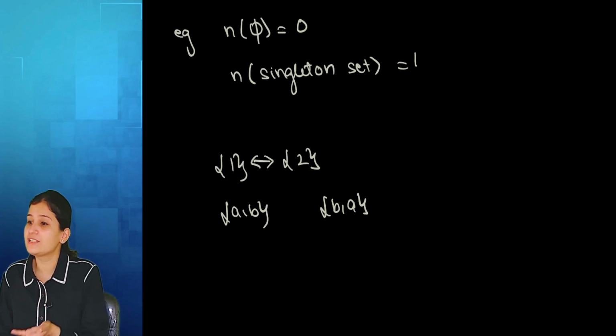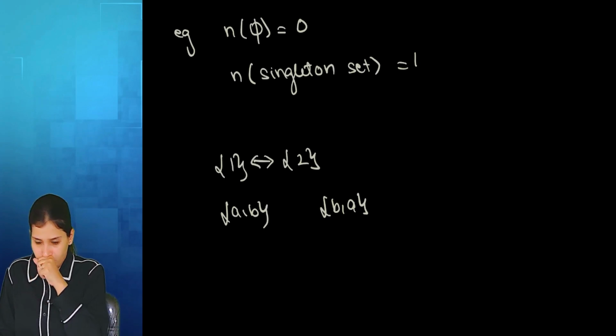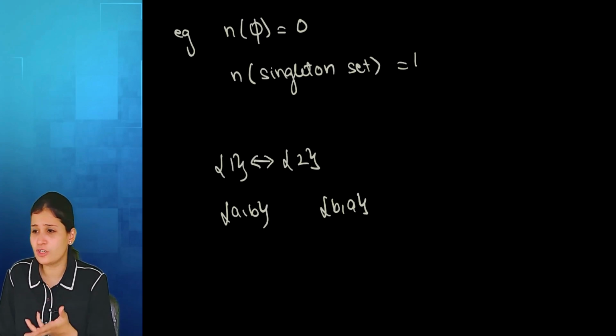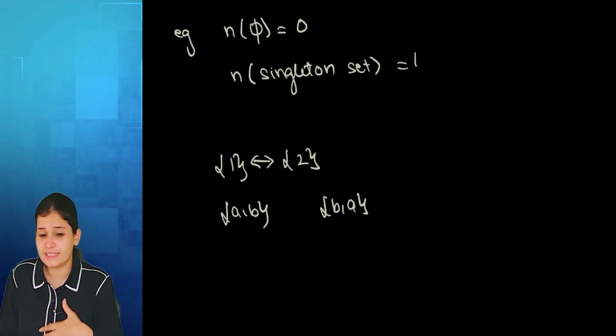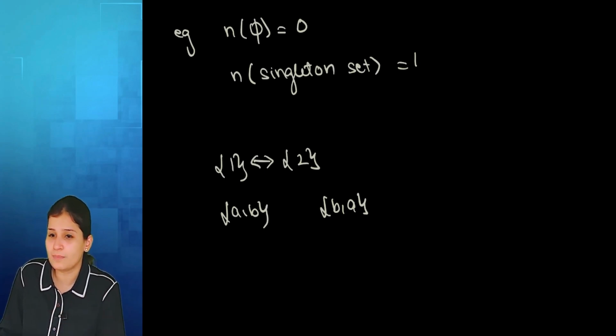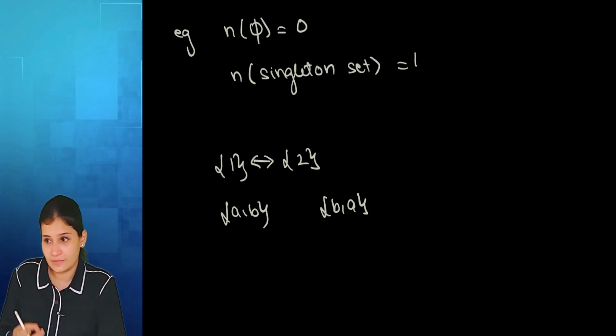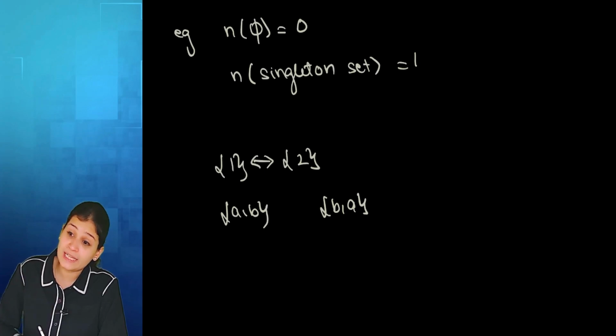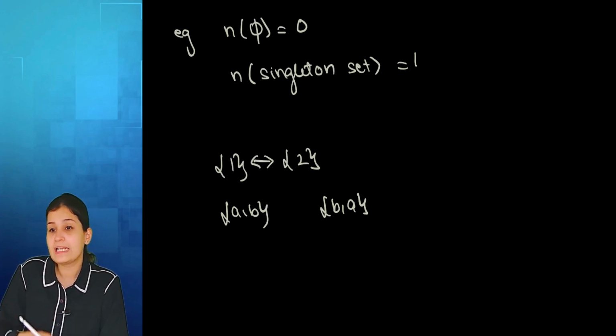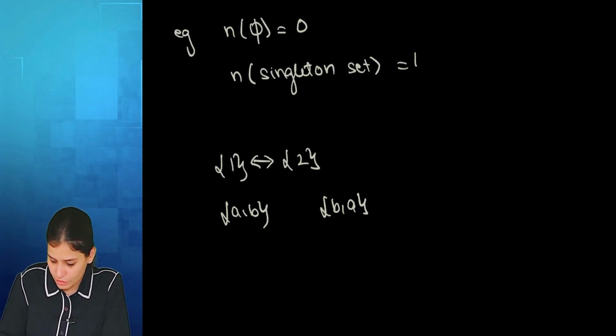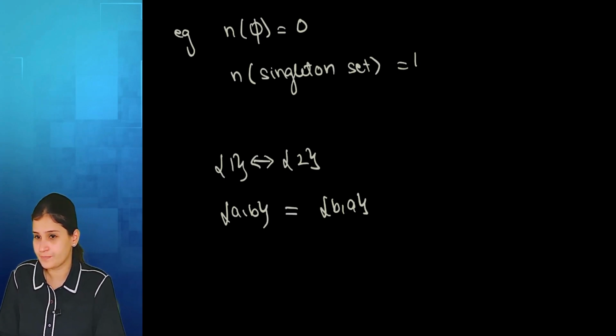The only thing that is changing is the order, and a set is not bothered with the order. In a set, the order of the elements does not matter. Whether I write A comma B or B comma A, it won't matter. So the cardinality is the same, they are equivalent, and in addition the elements are also the same, irrelevant of the order, so they are also known as equal sets. Understood?